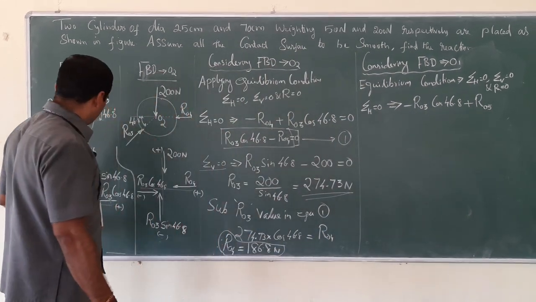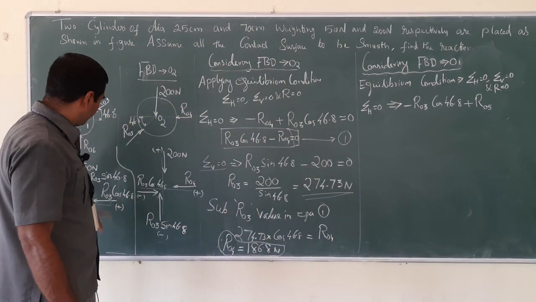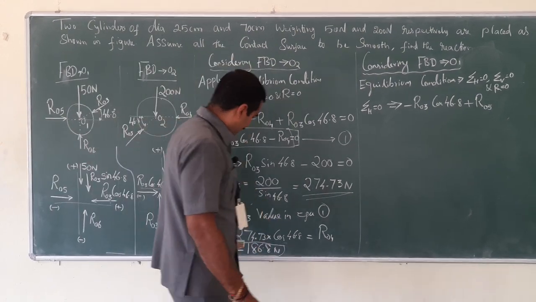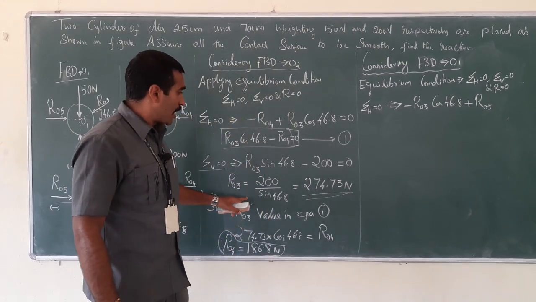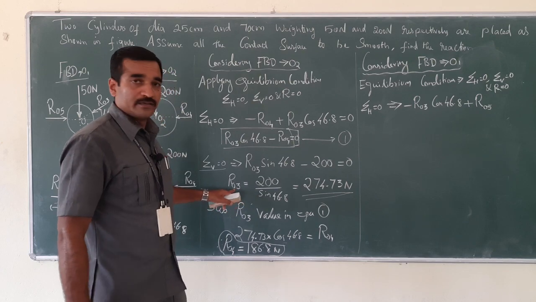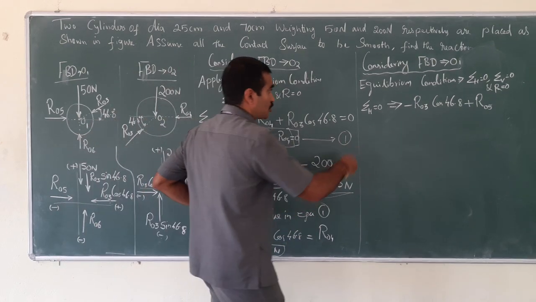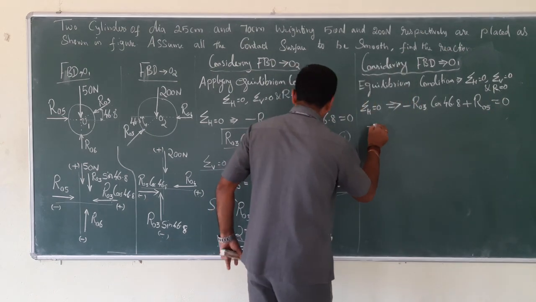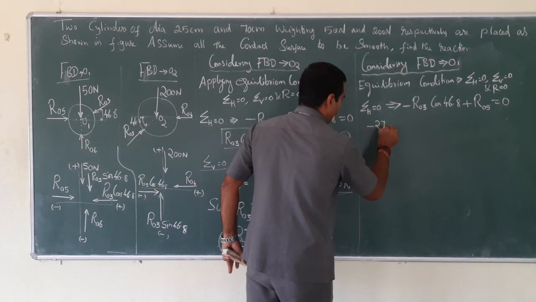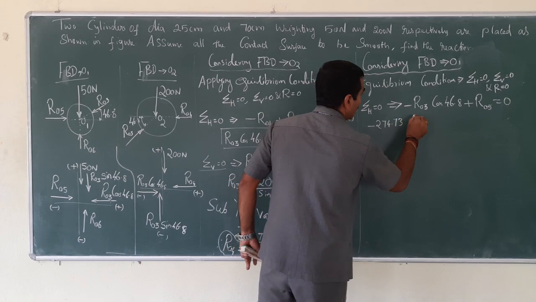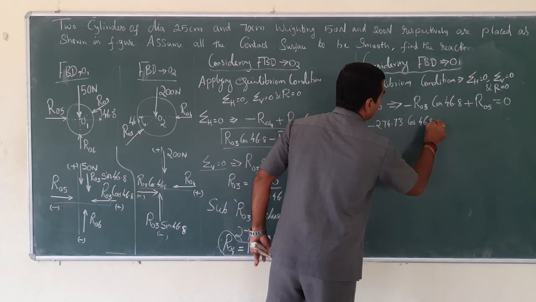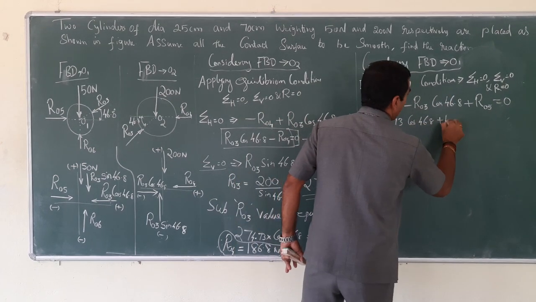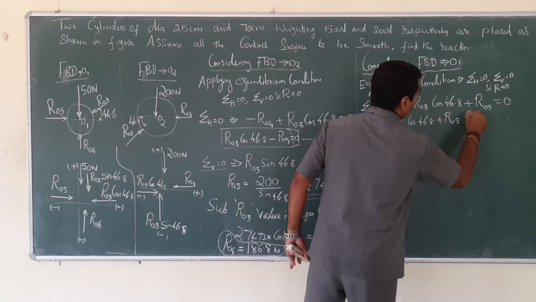Is there any other horizontal force? No, nothing is there. So now I have already found the value of RO3, right? So just substitute that value here. That is minus 274.73 cos 46.8 plus RO5 equal to 0.